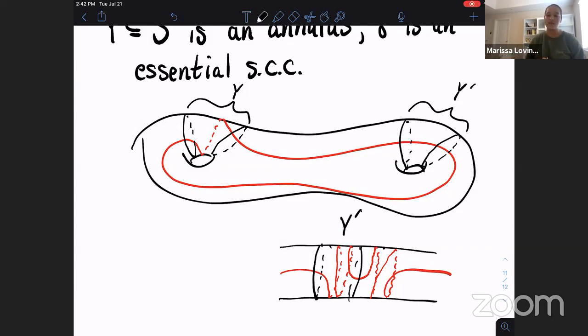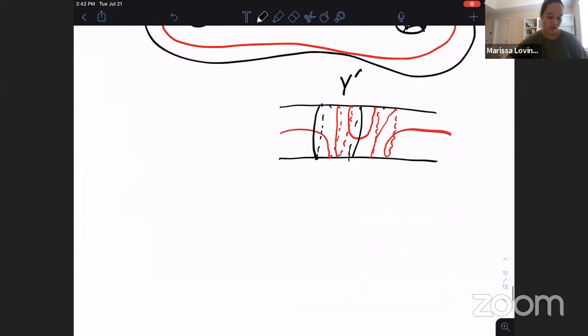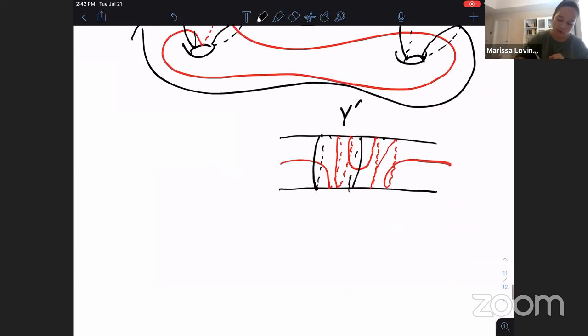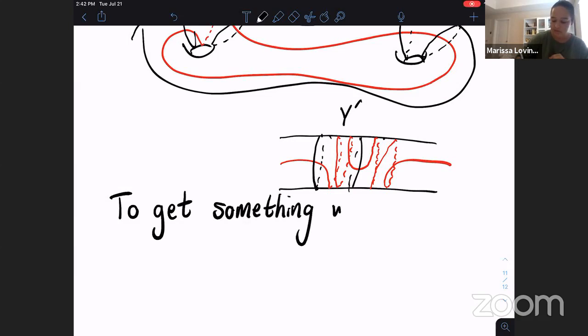It looks like we see twisting in Y, but you can see globally, we don't. This is not real twisting that we've introduced. And so what we're going to do is what we almost always do in these situations, we go to the universal cover.